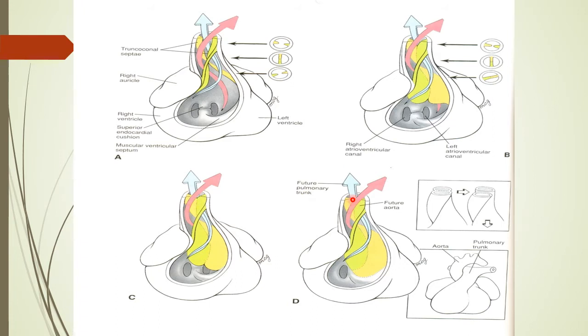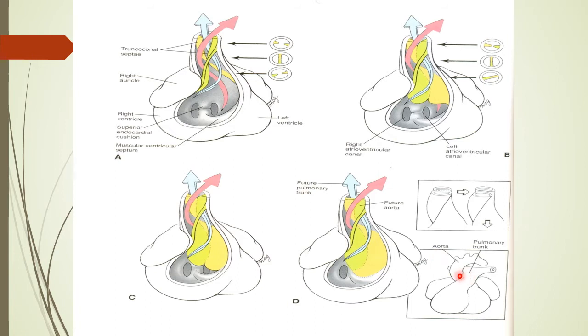And this is the pulmonary trunk. This blue arrow passes through the pulmonary trunk, and the pink arrow passes through the ascending aorta.